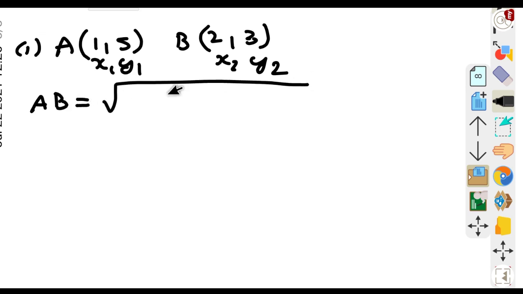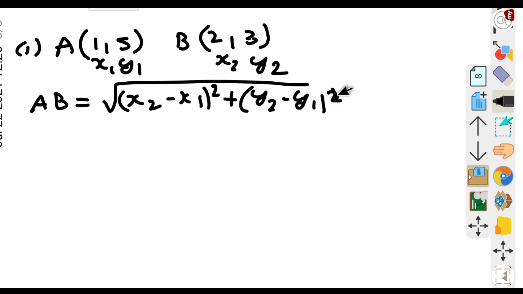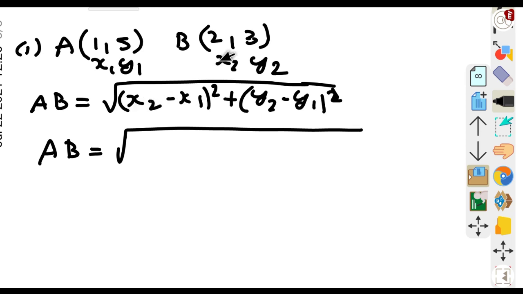The formula, I think you know, is under root of x2 minus x1 whole square plus y2 minus y1 whole square. So AB equals under root of x2 is 2 minus x1 is 1 whole square plus y2 is 3 minus 5 whole square.